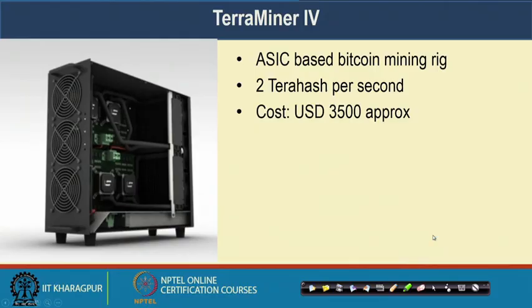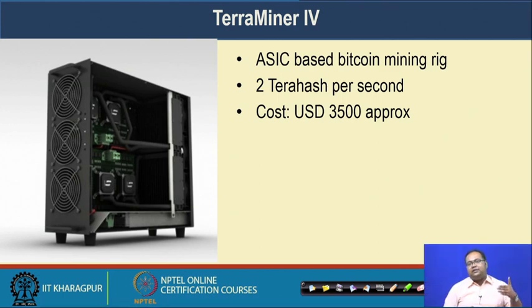So, here is a use case which we call the TerraMiner 4. This TerraMiner 4 is an ASIC based Bitcoin mining rig which has multiple such FPGA boards inbuilt, which can perform fast computation of the hash function. It can perform 2 terahash per second.